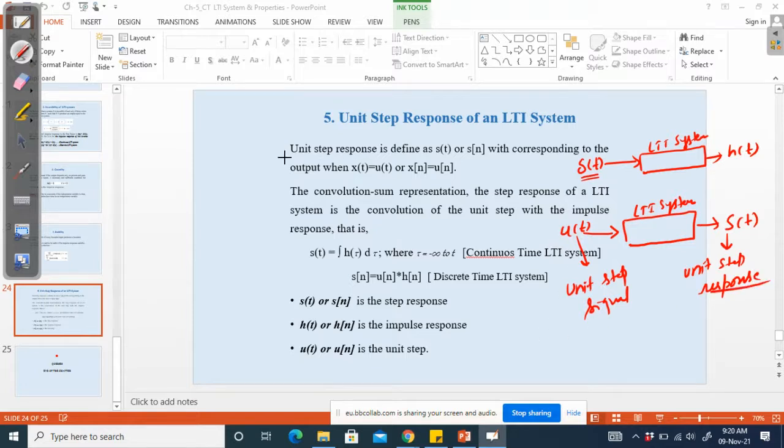Unit step response is defined as s(t) for continuous time LTI system and s[n] for discrete time LTI system when the input is u(t). So you have to remember this one. What is a unit step response? Unit step response is the output of an LTI system when the input is the unit step signal.